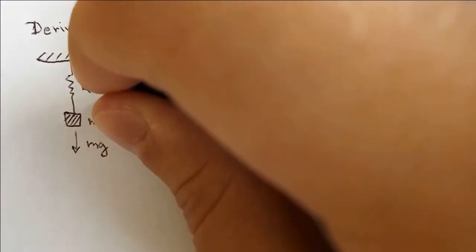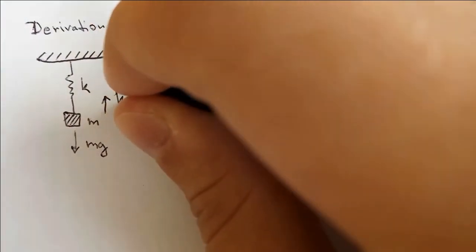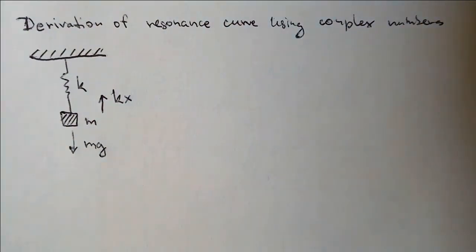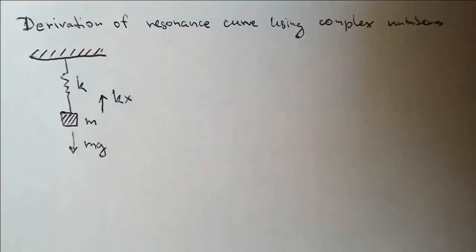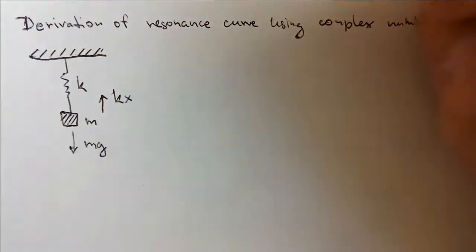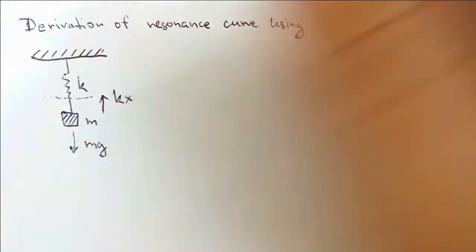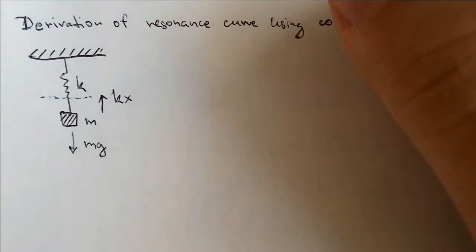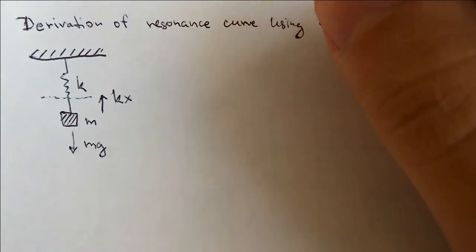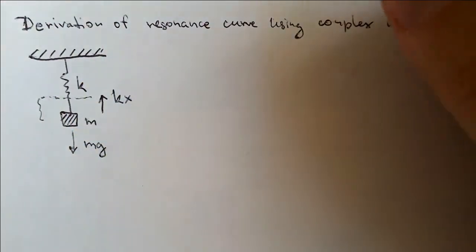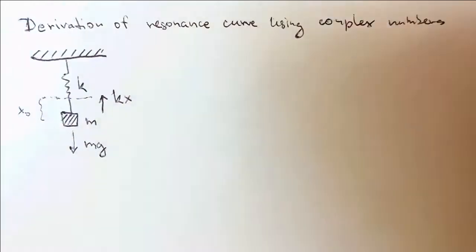And there are plenty of other forces. For example, the force of the spring, which is proportional to the displacement from the initial position of the spring, the unreleased spring. So that means that the unreleased spring has this neutral position over there, and there is some displacement by this force, which I will call x0.